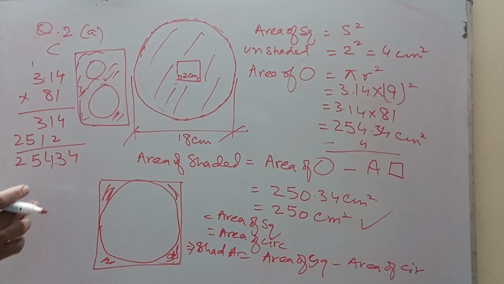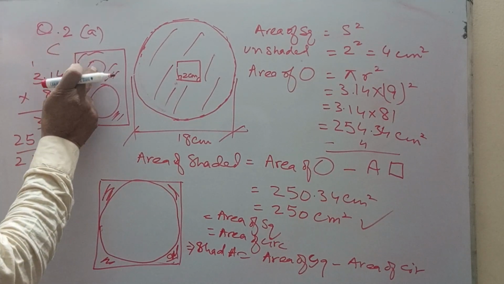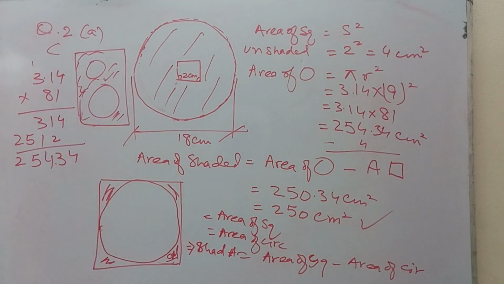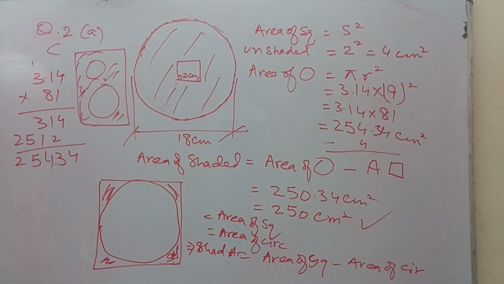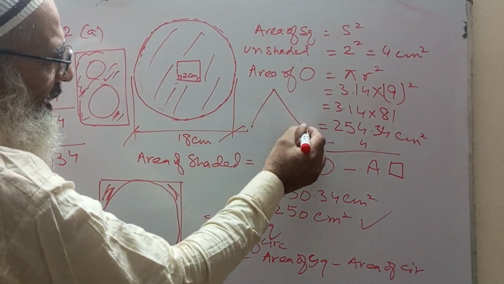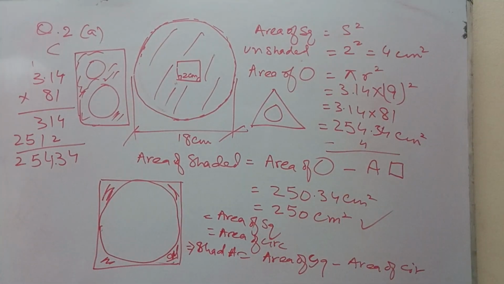So, what will you do? You will find the area of rectangle. Just subtract the area of two circles from here, then you will find it. Okay. In part D, again it is very easy. You are given a triangle with a hole cut out in it.